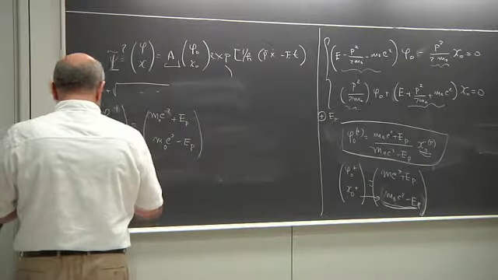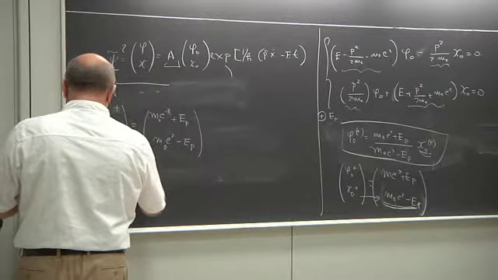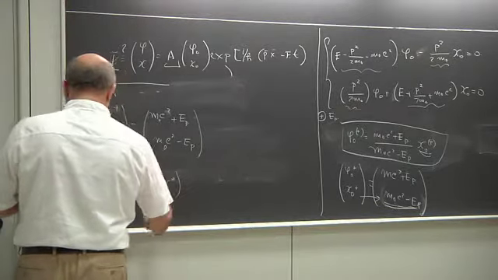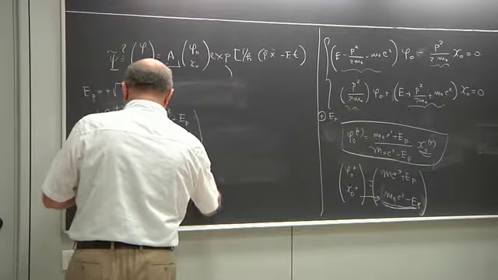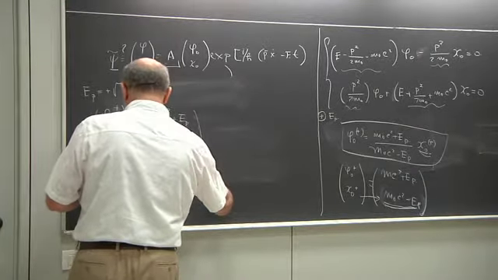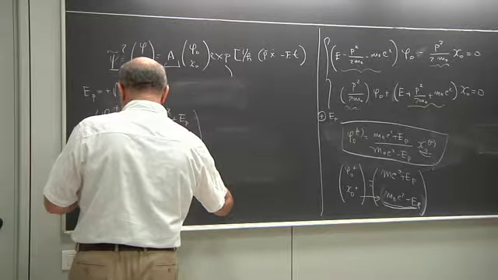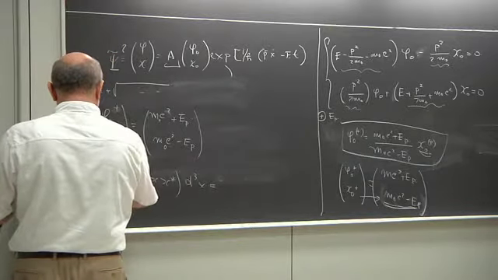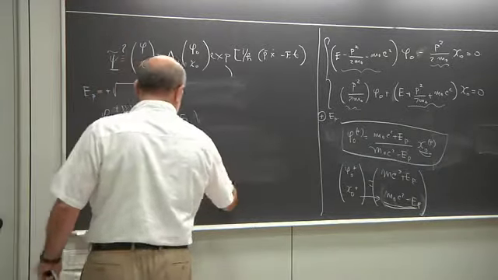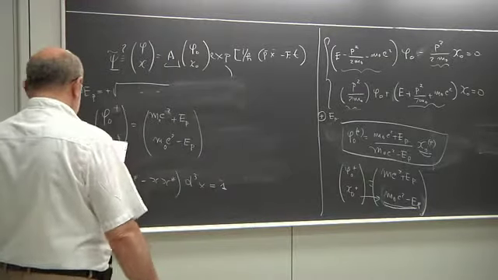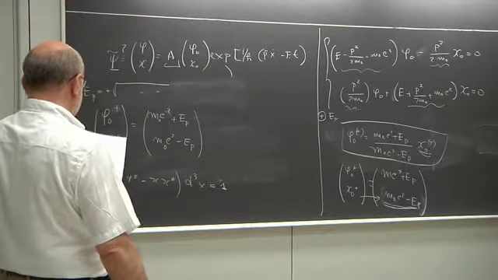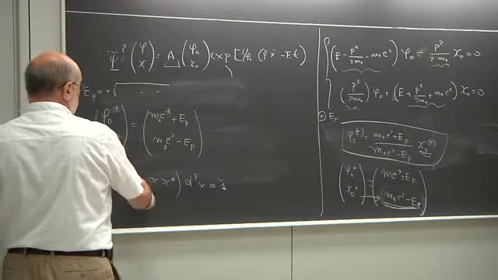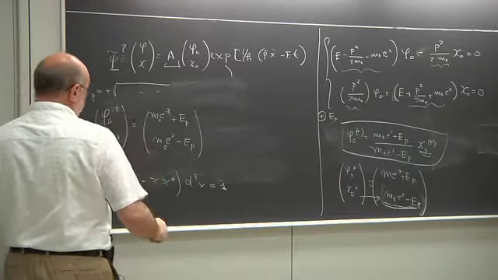If you remember, the normalization was the following: the integral d3x of phi star minus chi star is equal to A plus. Okay, so the normalization gives this. From here, immediately, remember that we worked out this normalization with this minus sign in the two-component formalism.